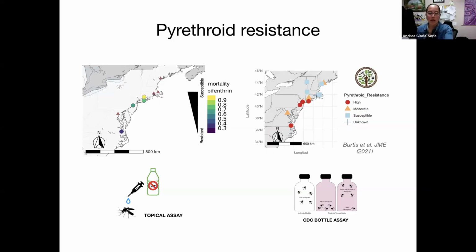And you can see here on the right that in general, pyrethroid resistance is higher in the southern populations of Culex pipiens than in the north. So together, these two studies confirm that susceptibility increases as you move north.